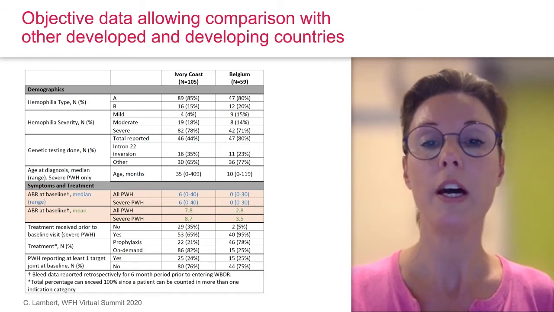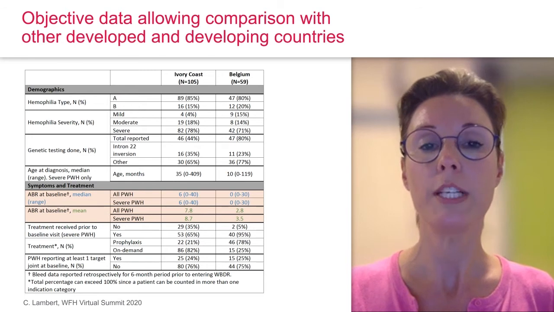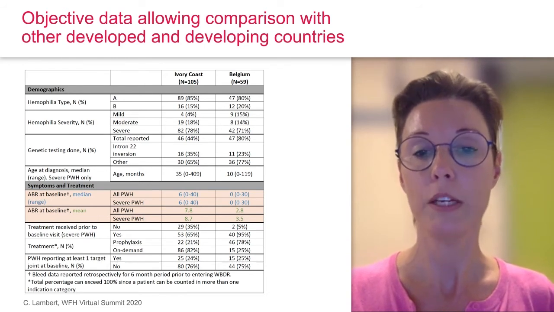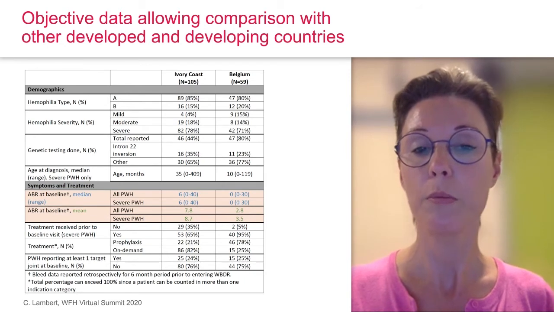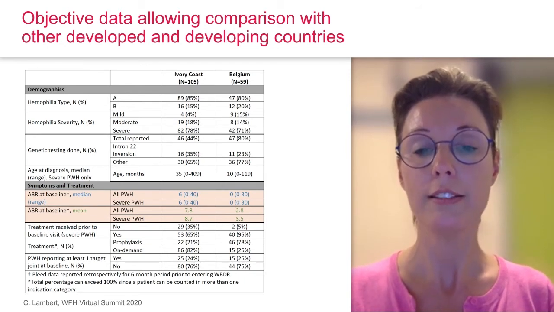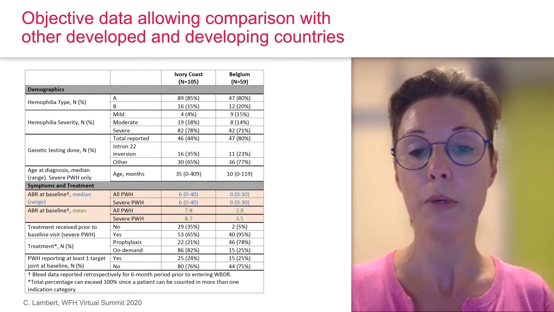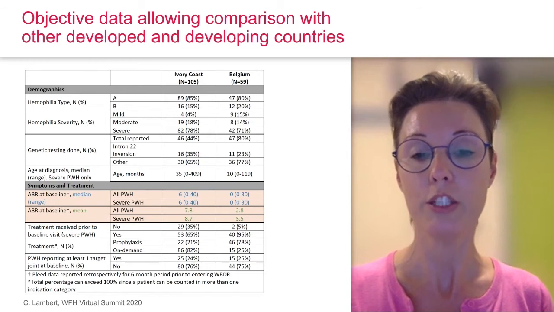Participating in WWDR also provided objective data, allowing comparison with other countries, developed and developing countries. And here I show you a presentation from the WFH last year, where we had a direct comparison between the Ivorian and Belgian hemophilia population.